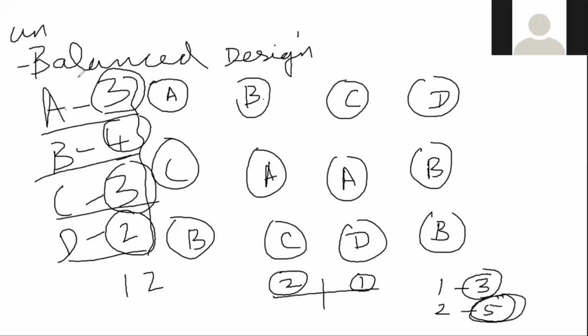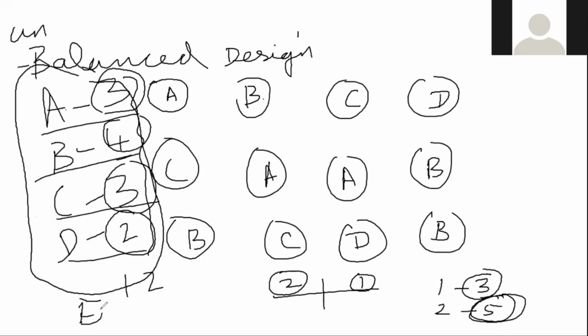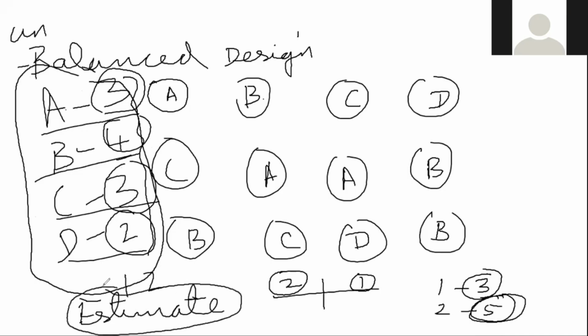Similarly, in the experiment also, when you have more and more replicates, that particular treatment has a better estimate. All these experiments are done to obtain the estimate, the mean and the variance.